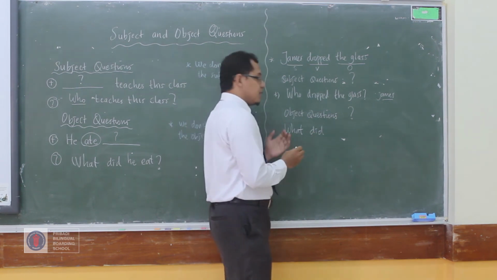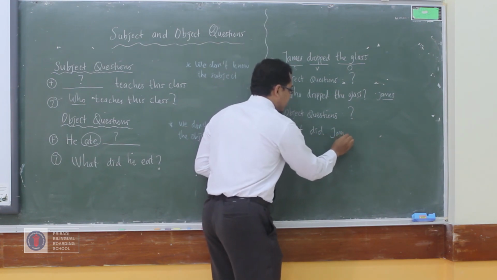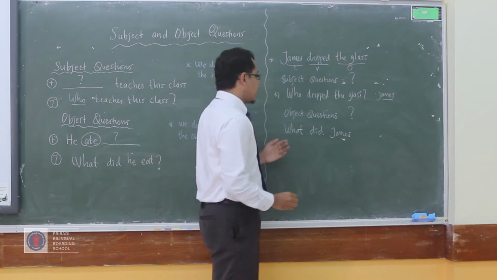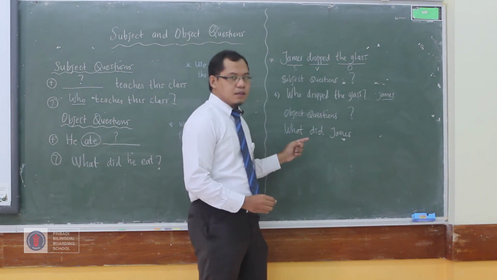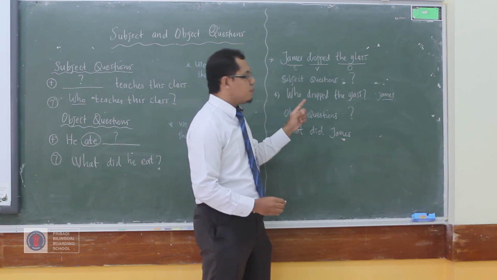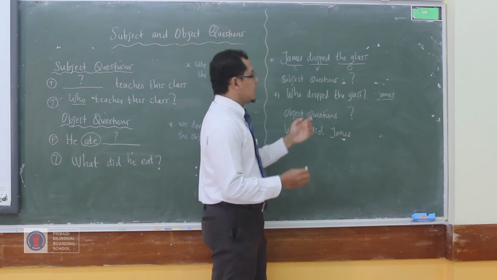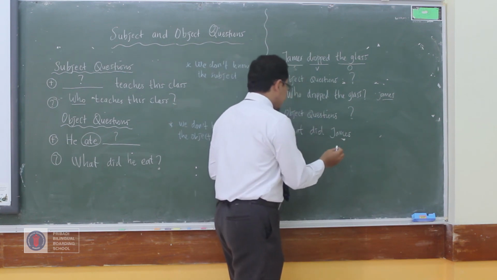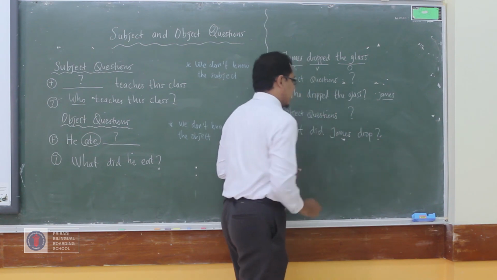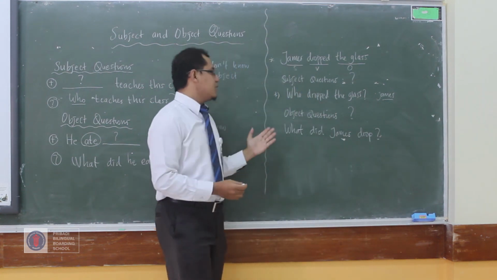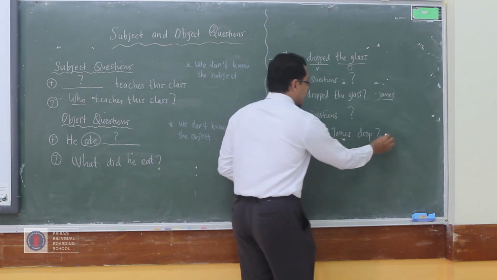And then we write the subject. What is the subject? James. What did James? And the verb, remember? In a question, we need to change the verb into the base form. So we omit the ed. So it becomes, what did James drop? That's all. What did James drop? And based on the sentence, the answer is the glass.